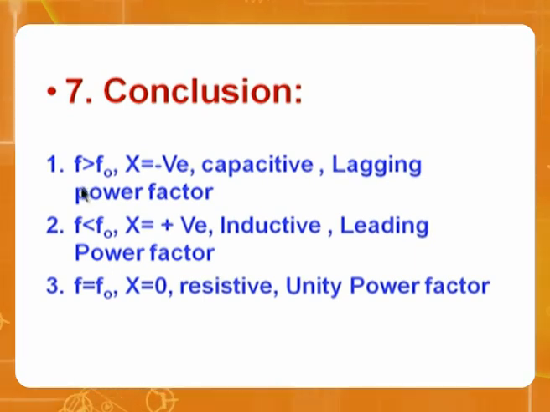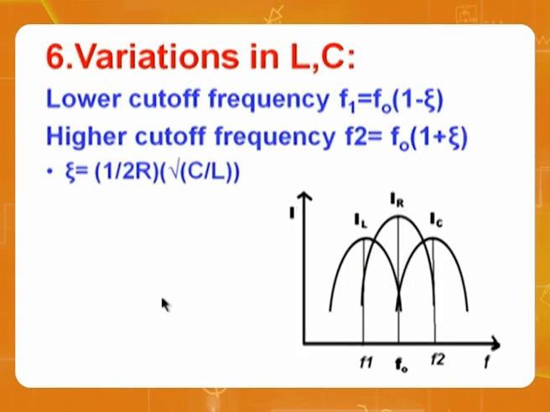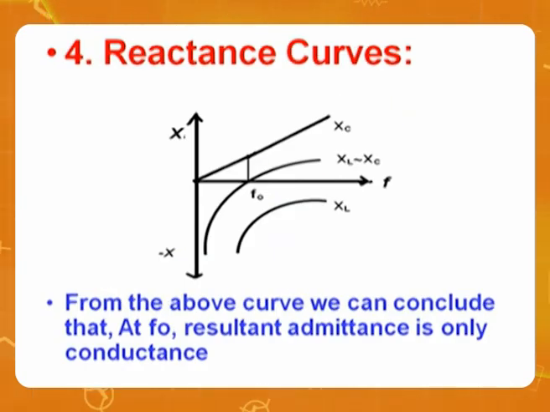Conclusions. F greater than F0. If you see the curves here, I'll show once again. F greater than F0, it is due to capacitance, but what is happening? It is finally leading.